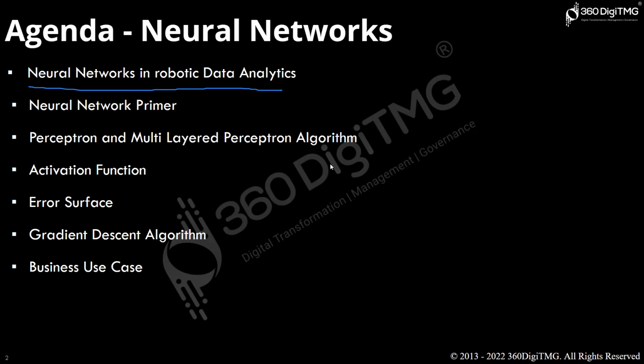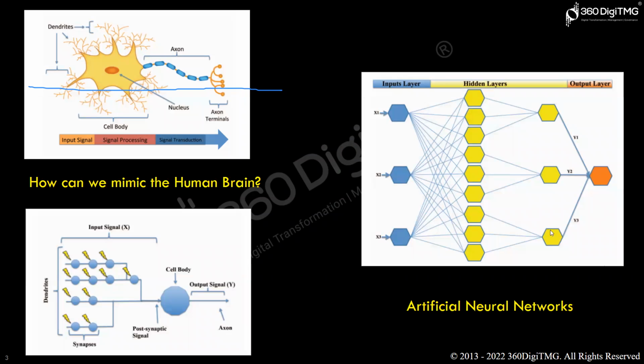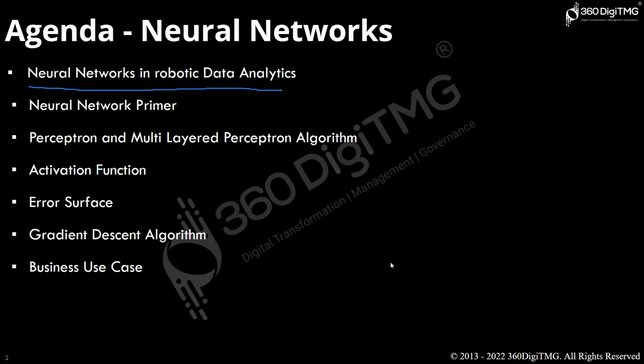In the session we have seen that neural networks use concepts of deep learning. This neural network primer, guys, is very important in the concept of this ANN.